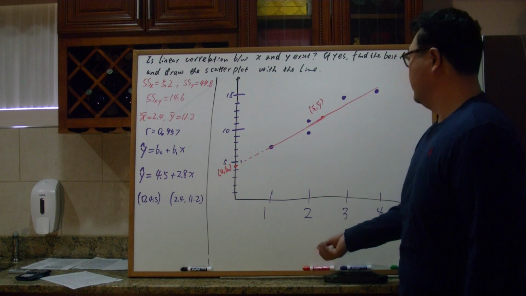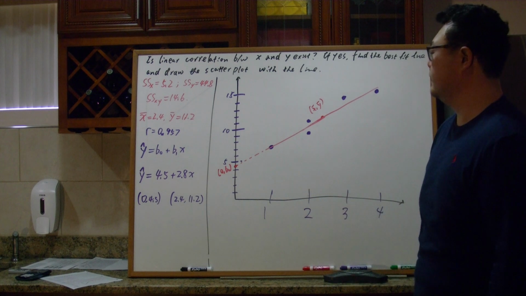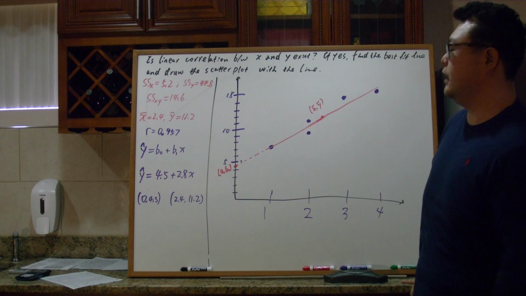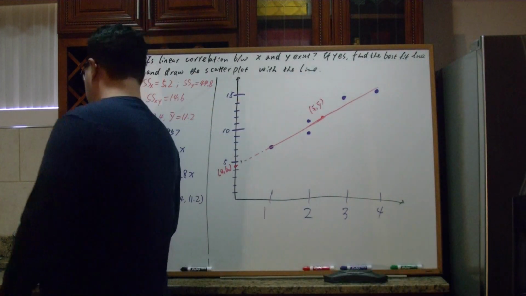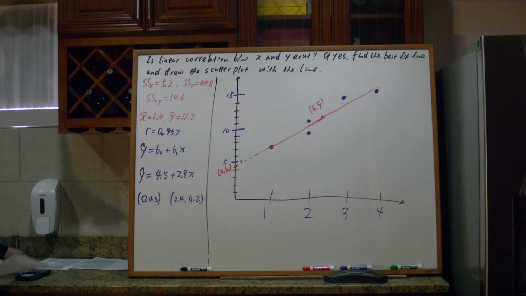Just use the line and go from the beginning to the end of the x values to process the line going through those points. So that is our best fit line.